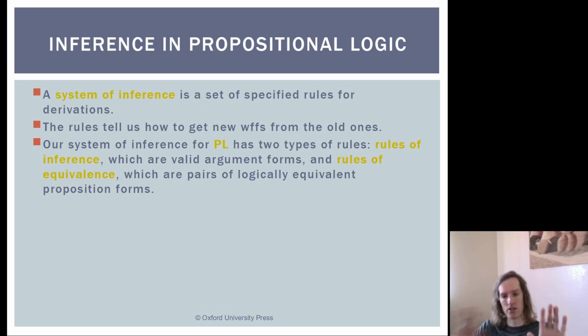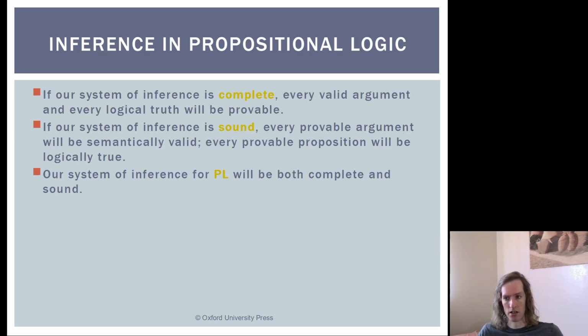Now, because it's logically equivalent, they're fully substitutable for one another. And sometimes it'll be easier for us to work with a logically equivalent formula that has one form rather than another form, so we might want to swap them back and forth, which is why rules of equivalence are helpful. So first we'll be starting with rules of inference, and then we'll be talking about rules of equivalence.